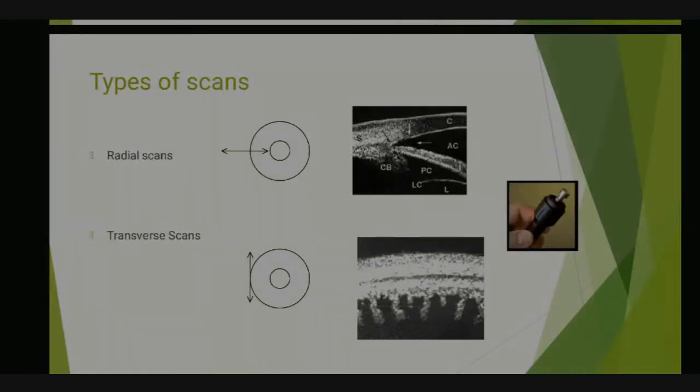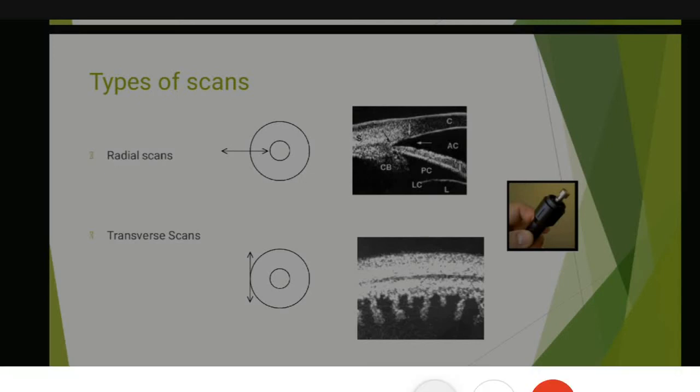AC is the anterior chamber. Those arrow marks indicate the angle structures of the eye. PC is the posterior chamber, and LC is the anterior lens capsule. CB is the ciliary body region, and S is the sclera. Is it clear? Any doubt?